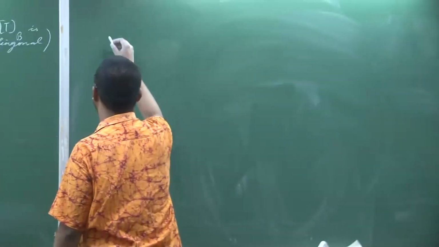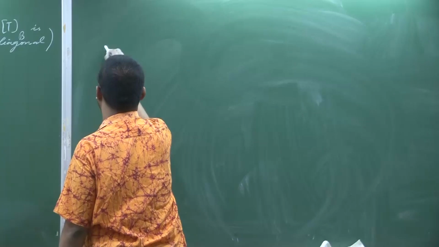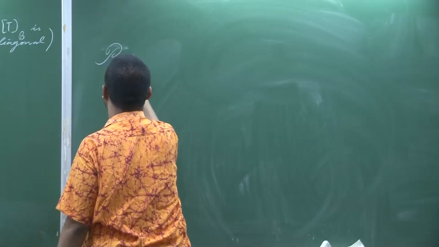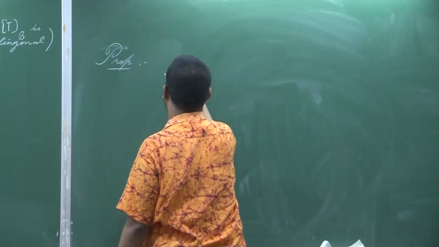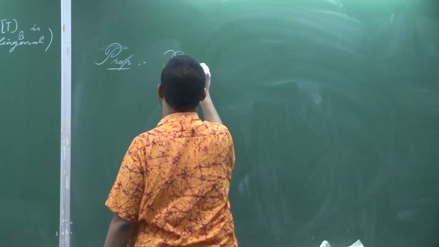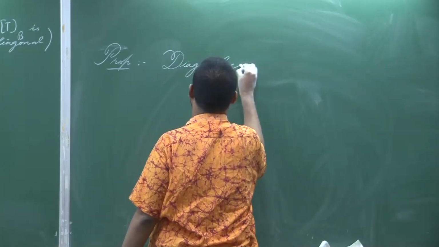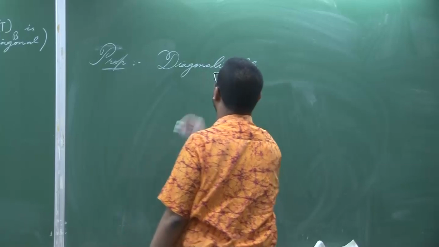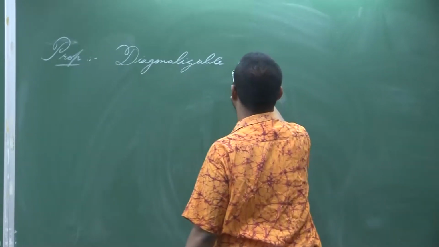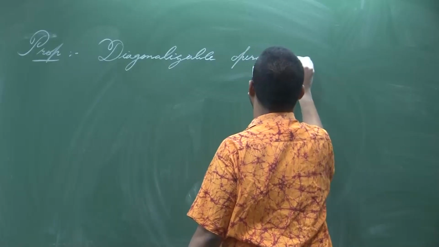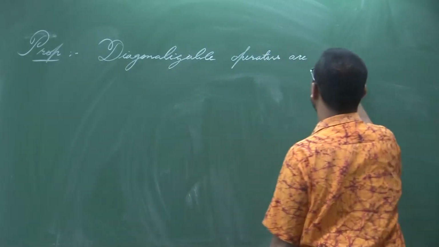So, the first simple one is, we will prove a proposition: diagonalizable operators are semisimple. Semisimple.